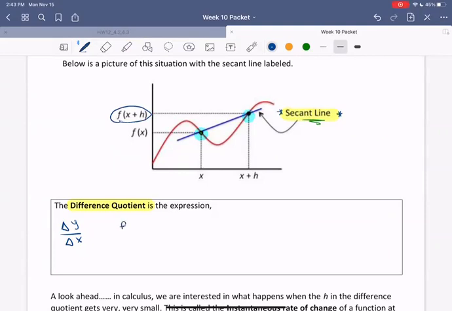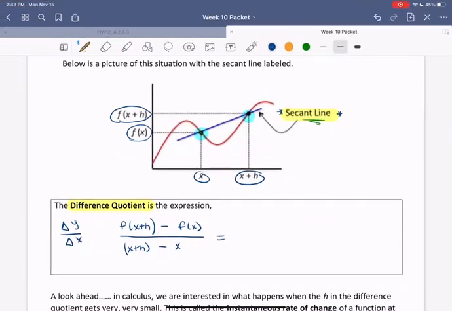That would be f of x plus h minus the y value associated to the first point, which is f of x. And then in our denominator, we have the x value associated to that second point. That would be x plus h minus the x value associated to our first point, minus x. So now how can we clean this up?